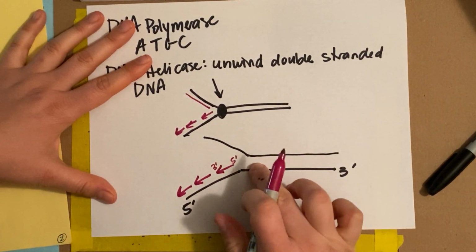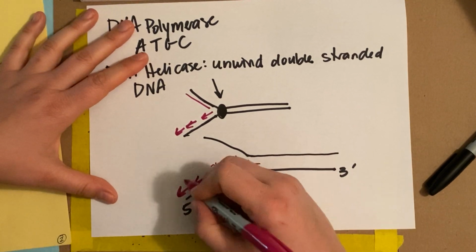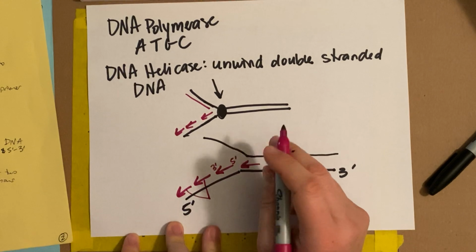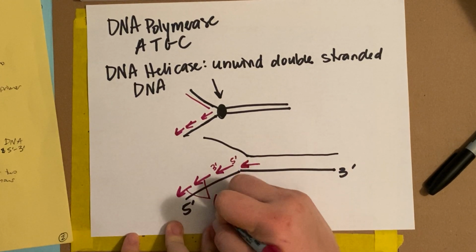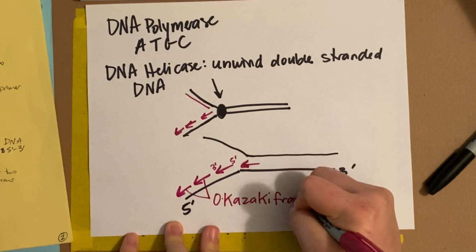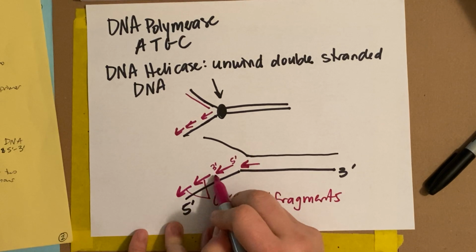Once this opens up more, you'll add on another one, and you can just keep on going. So these little fragments right here are called Okazaki fragments. Okay, and there are little gaps in between.